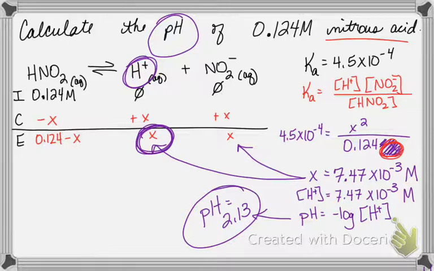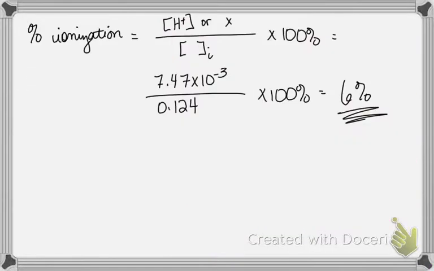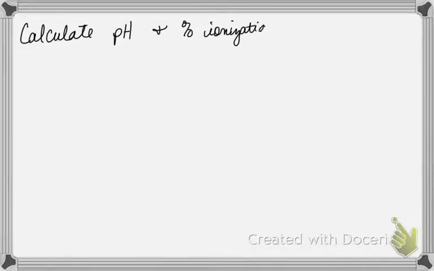Let's work another one that's a pH of a weak acid that's not on your handout sheet that I gave you. And let's do percent ionization. So let's calculate the pH and the percent ionization for, we're going to do the benzoic acid one.